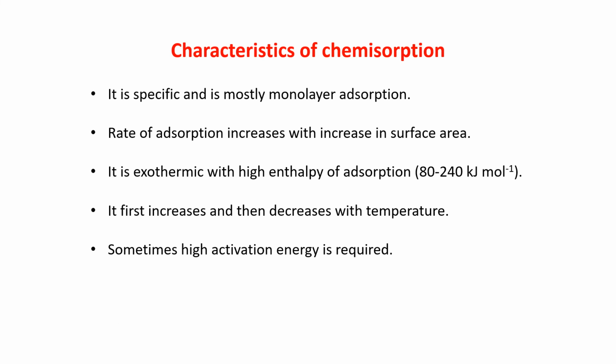Now, characteristics of chemisorption. It is specific and is mostly monolayer adsorption. As it is very specific, it is mostly monolayer adsorption. Rate of adsorption increases with increase in the surface area.